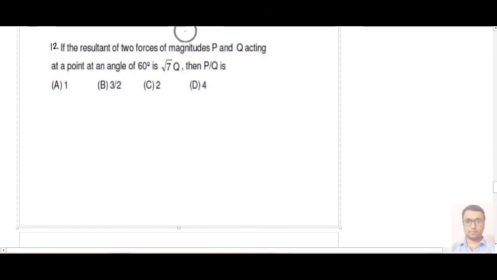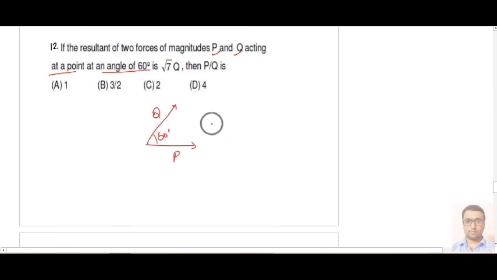In the next question, and this will be our last question, we have two forces P and Q which are acting at a point at an angle of 60 degrees. So try to make two vectors P and Q, and both are acting at 60 degrees.